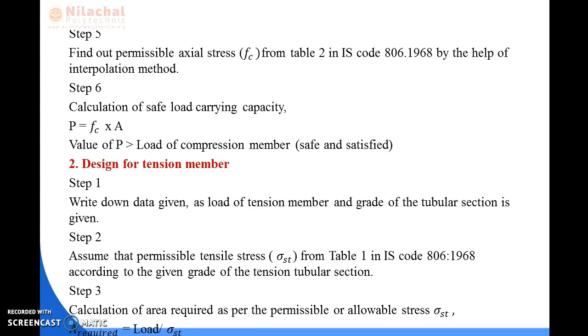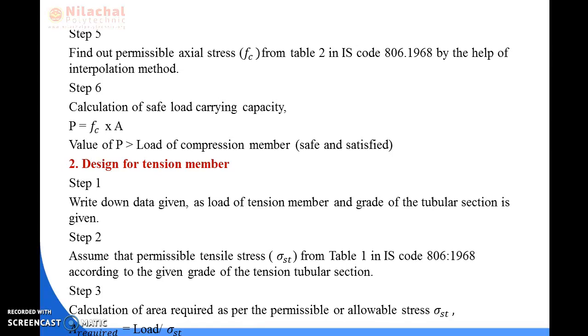The next part of this truss is design of tension member. These are the procedures for design of tension member. First of all, in step 1, write down the data given, such as load of tension member and grade of the tubular section given in the question.